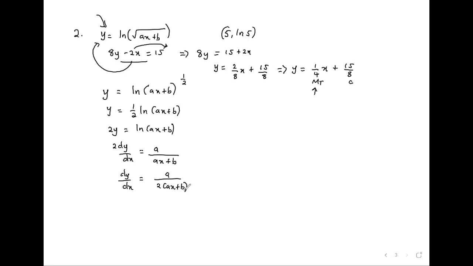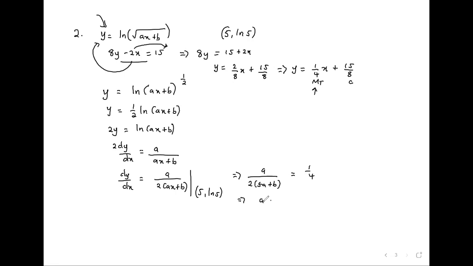Now this is the derivative at a given point. So this derivative at (5, ln 5). So we have a over 2(5a plus b). This is the same as 1 over 4 at that point.